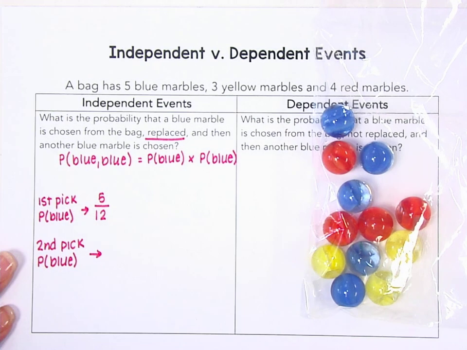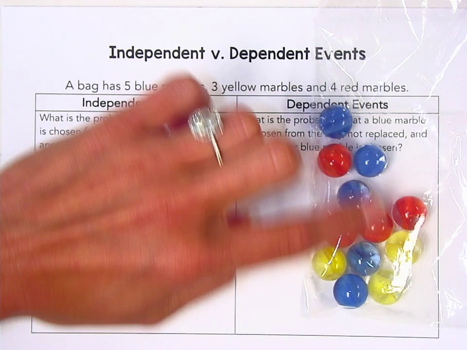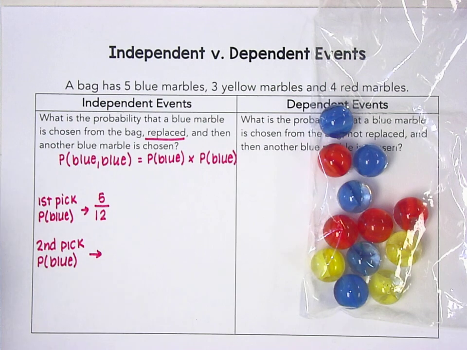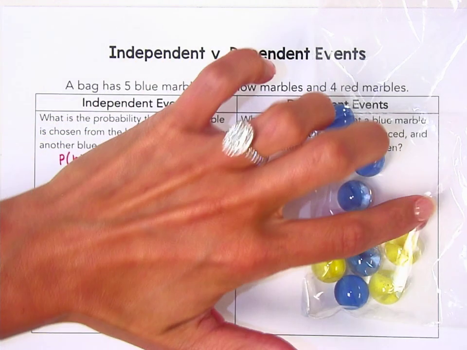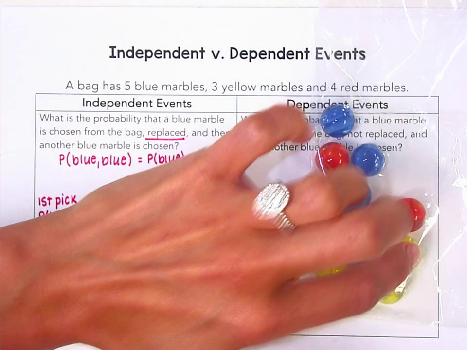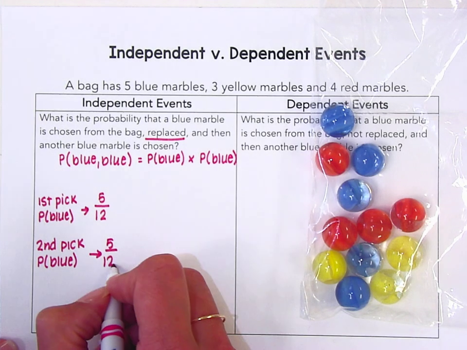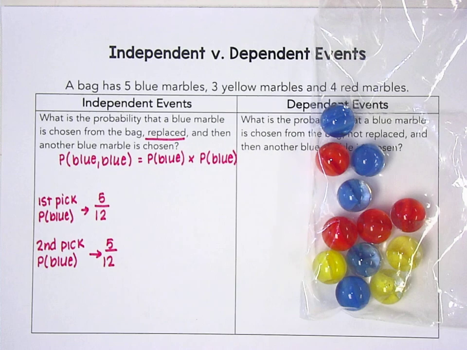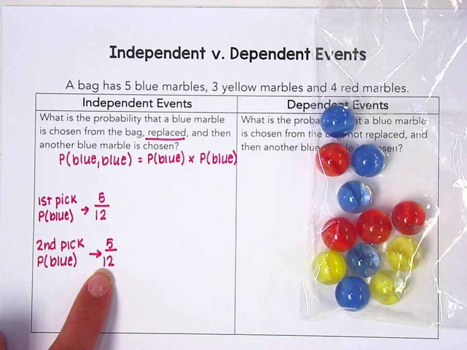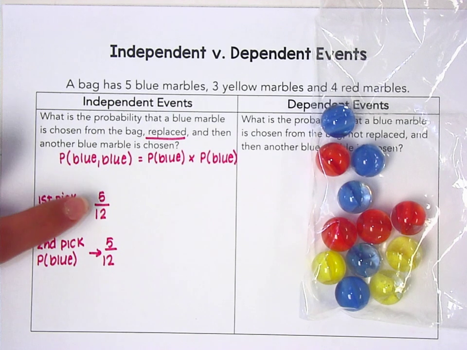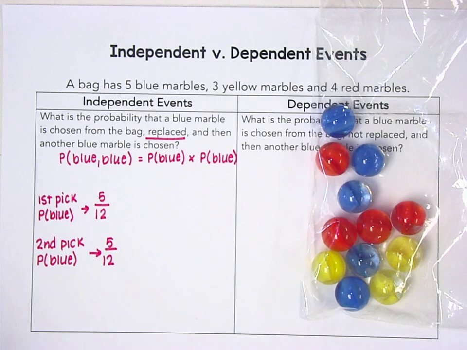I have 1, 2, 3, 4, 5 ways to choose a blue marble, and there are still 1, 2, 3, 4, 5, 6, 7, 8, 9, 10, 11, 12 marbles in the bag. This is an independent event because my probability of choosing a blue marble the second time was not at all affected by the fact that I chose a blue marble in that first choice.